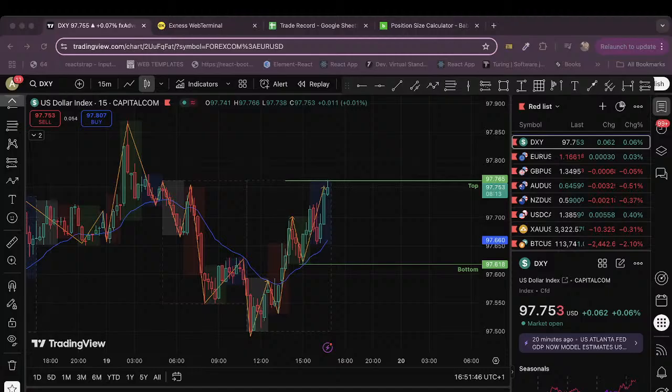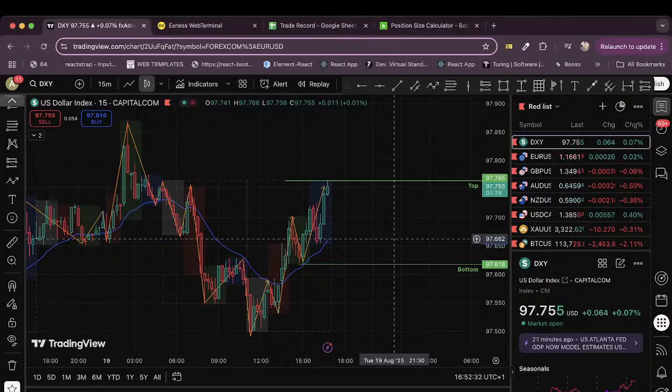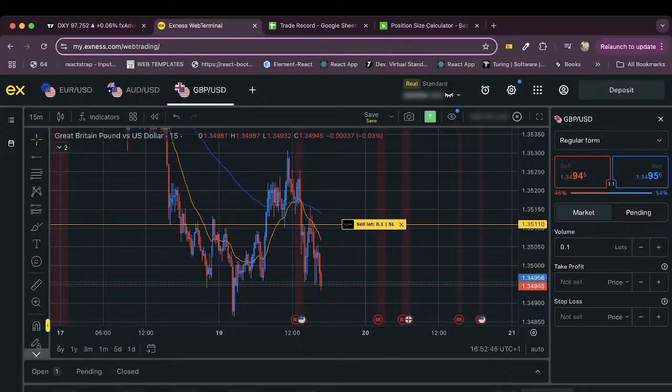All right, me, I don't think price is random, like I said. Price is deliberate. Price is doing exactly what it wants to do. All you need to do is to understand it and brush yourself up. Just by trading higher highs and higher lows, you can see how we've been able to manage this trade.